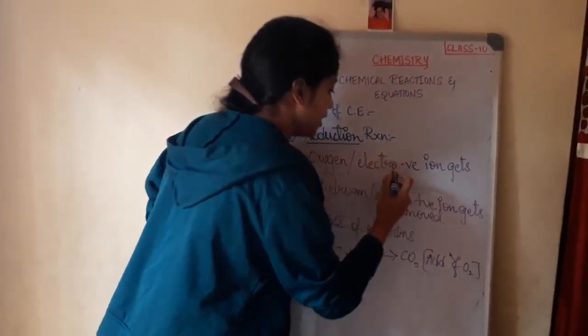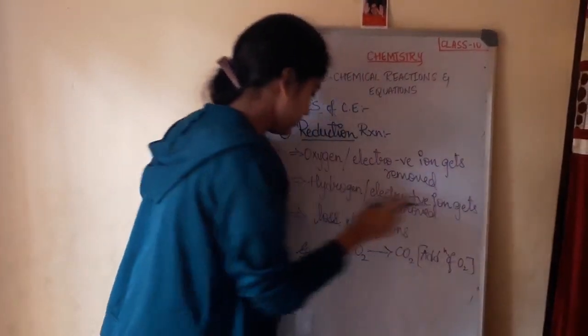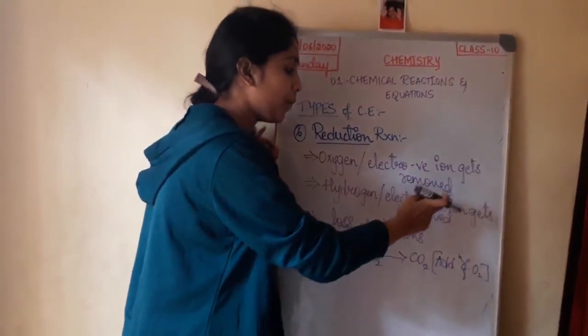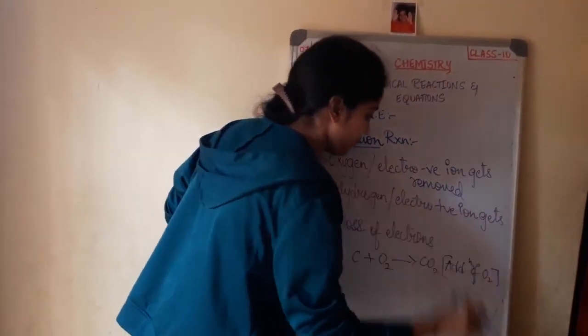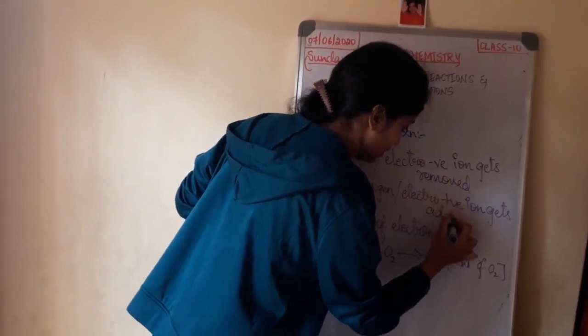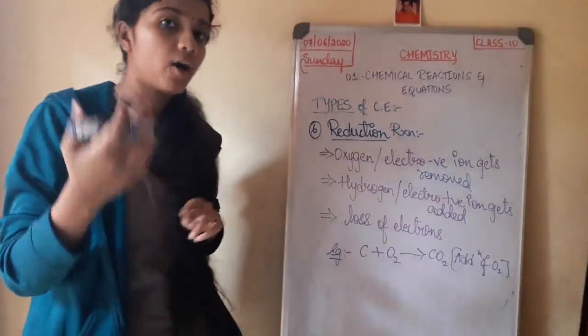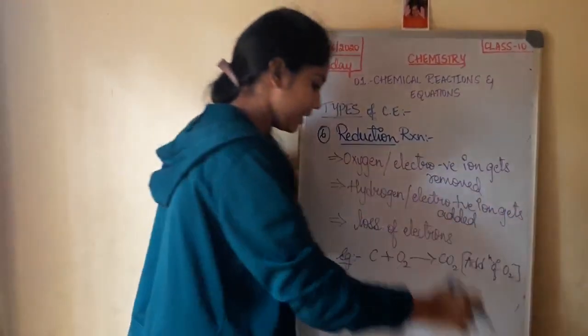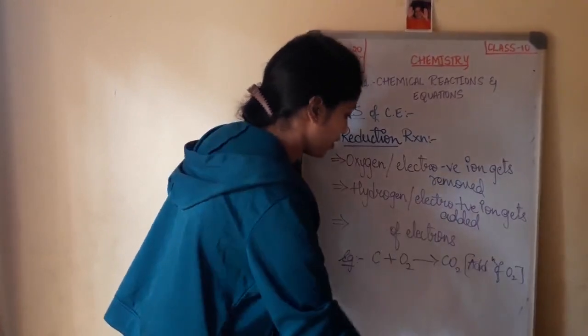It gets removed, and hydrogen or electropositive ion gets added. According to electronic concept, reduction reaction is a process in which gain of electrons occurs.